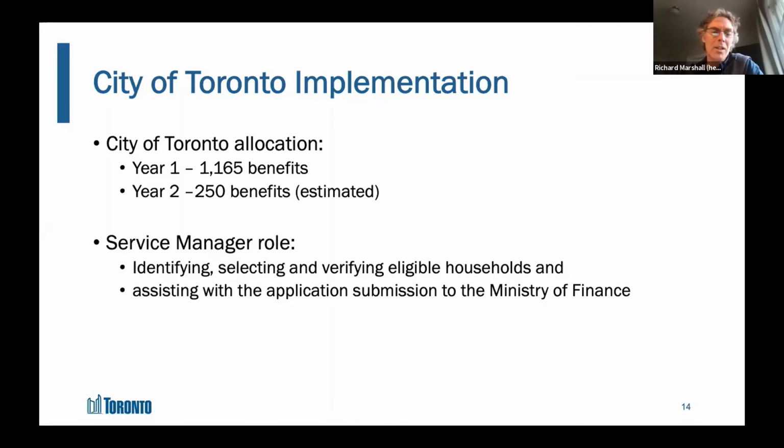It'll be approximately 250 benefits. And again, to be clear, it's a federal provincial program, and the service manager's role, in the City of Toronto's case, is really identifying, selecting, and verifying eligible households, and then assisting with the application submission to the Ministry of Finance. And just as Catherine described about the housing allowance, the payments, the renewals, all of those pieces of the program are with the province.